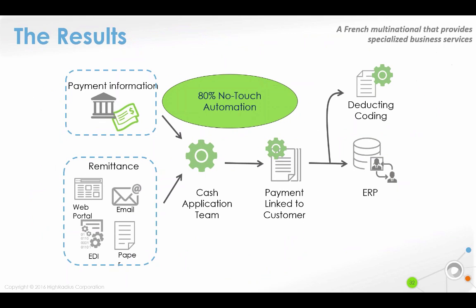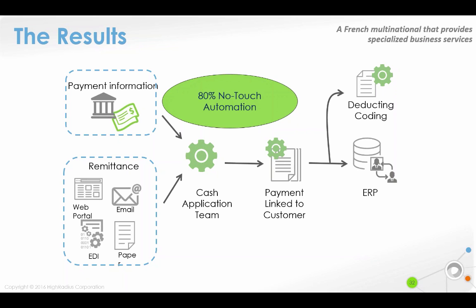So what we were able to do is implement the cash application automation solution, and we were able to automate this at all steps of the electronic file transfer and payment processing. We were able to extract that remittance information, whether from the web or email.